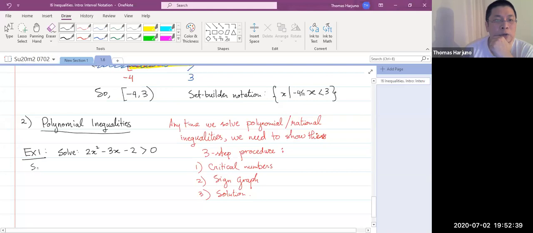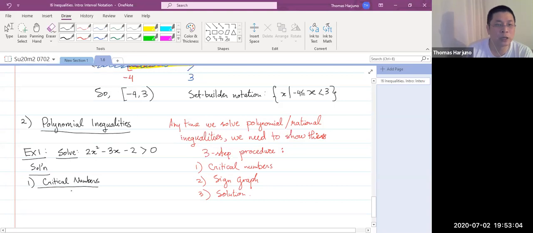Then the way you show your work: critical numbers, step one, write that number one, and then write the critical numbers. I want you to write this down, at least for now. Critical numbers are the numbers, the x in this case, where the sign may change from positive to negative or negative to positive.